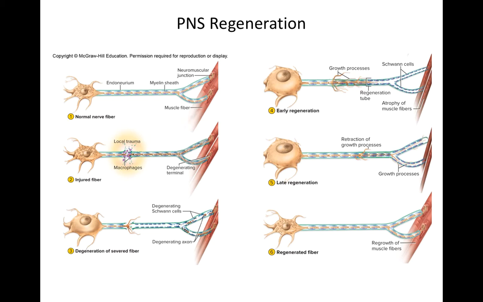So we do not see regeneration in those tissues. Luckily, those tissues are encased in bone, so they're a little less exposed to trauma than everything that's out in the periphery, but it is a far more significant issue when they are injured because we simply cannot regenerate.